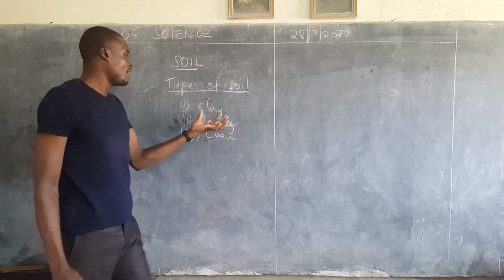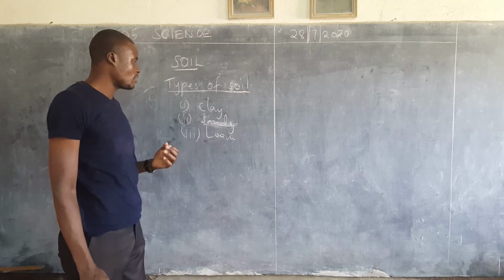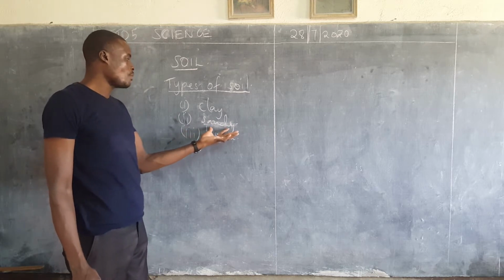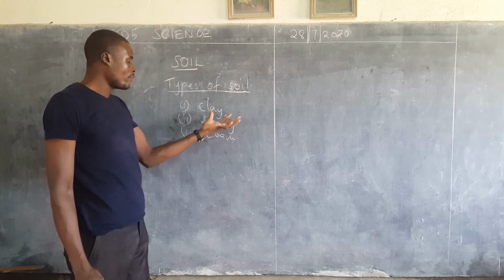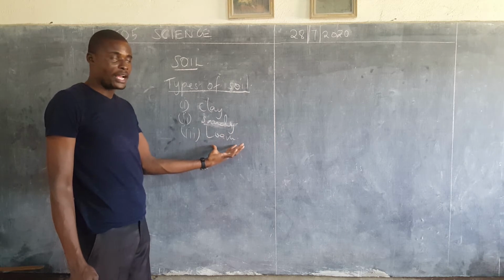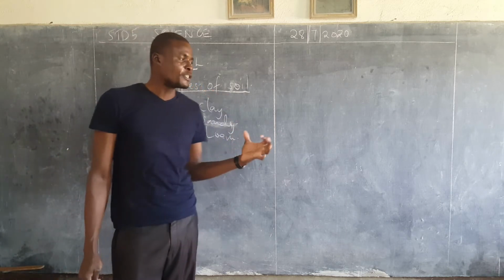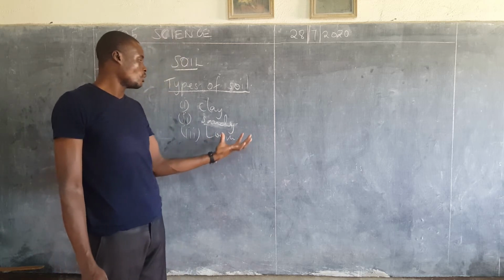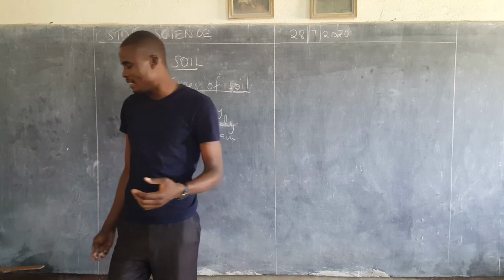Because we have begun with the finest, the one with the finest particles, that is clay soil, and then the one with the bigger particles. If you mix clay and sand soil, we get loam, and loam has moderate, medium particles. Its particles are not so large and not so tiny as the clays.